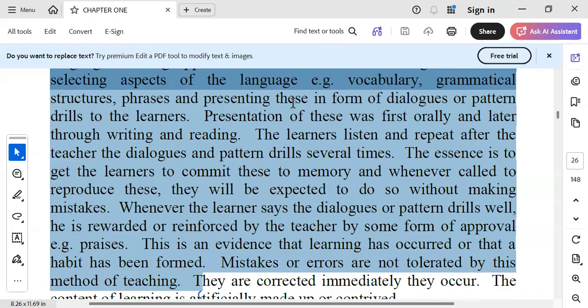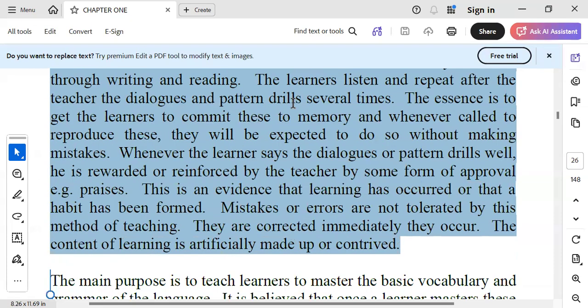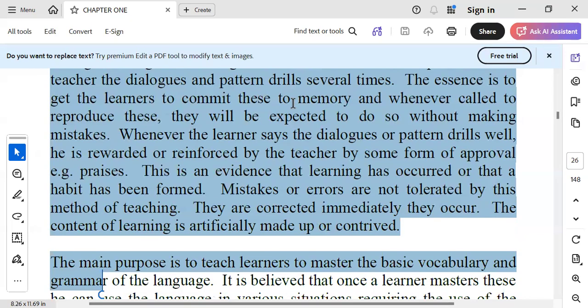They are corrected immediately they occur. So the content of learning is artificially made up, contrived. Now, the main purpose is to teach learners to master the basic vocabulary and grammar of the language.